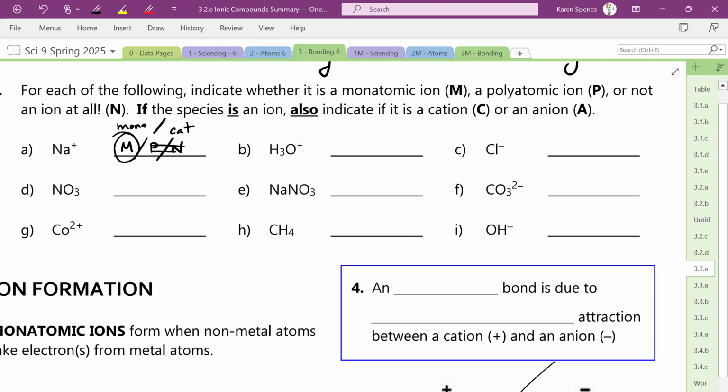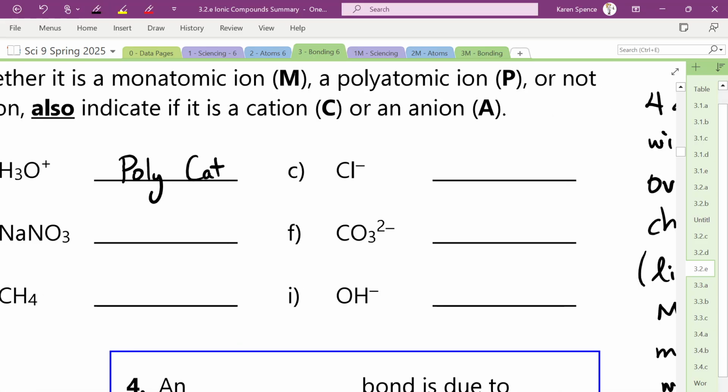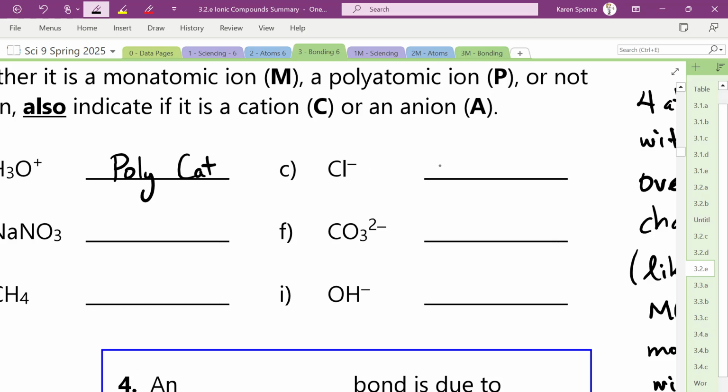Okay, let's go through quickly and check them together. H3O plus is a polyatomic cation. Cl minus is a monatomic anion.